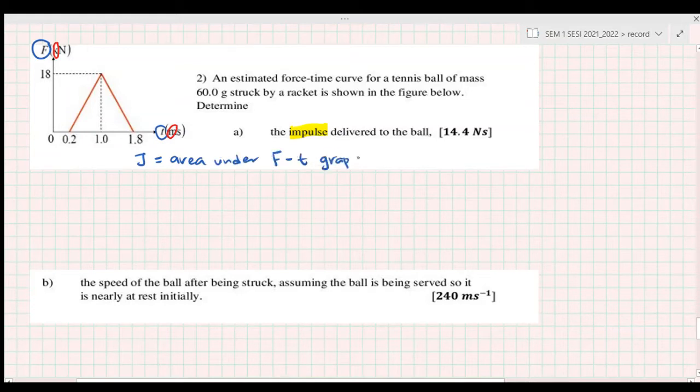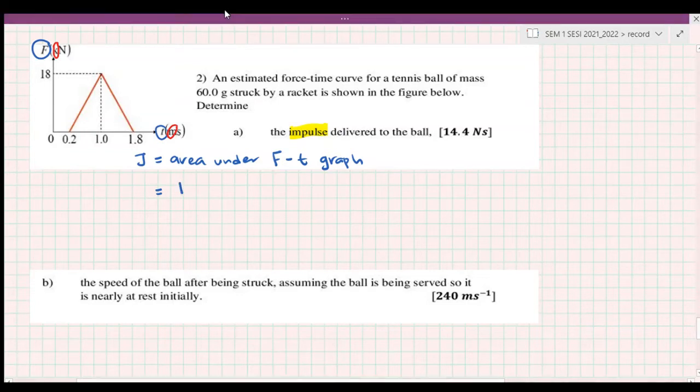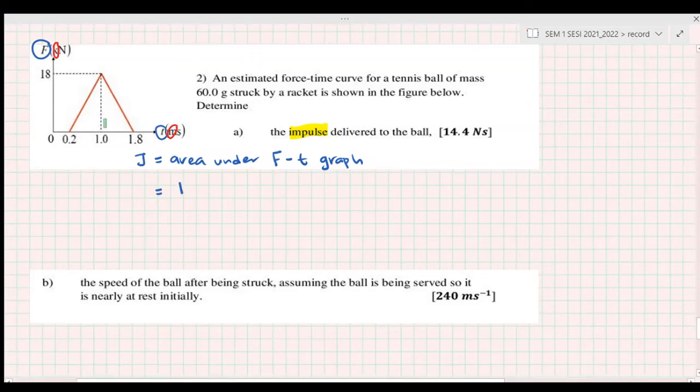Alright, okay, so kalau kita lihat dekat sini, kita punya area adalah area triangle lah. Okay, the shaded area here is a triangle. Okay, so triangle 1/2, darab dengan lebar dia adalah 1.8 tolak 0.2.